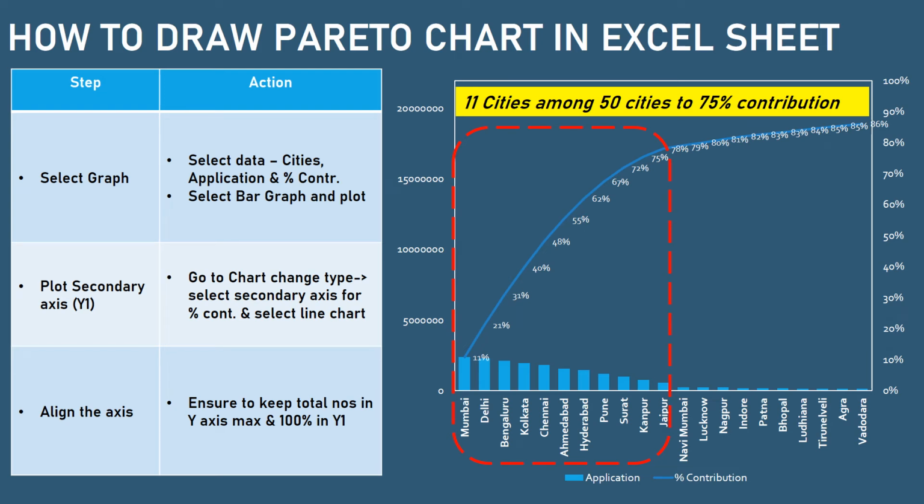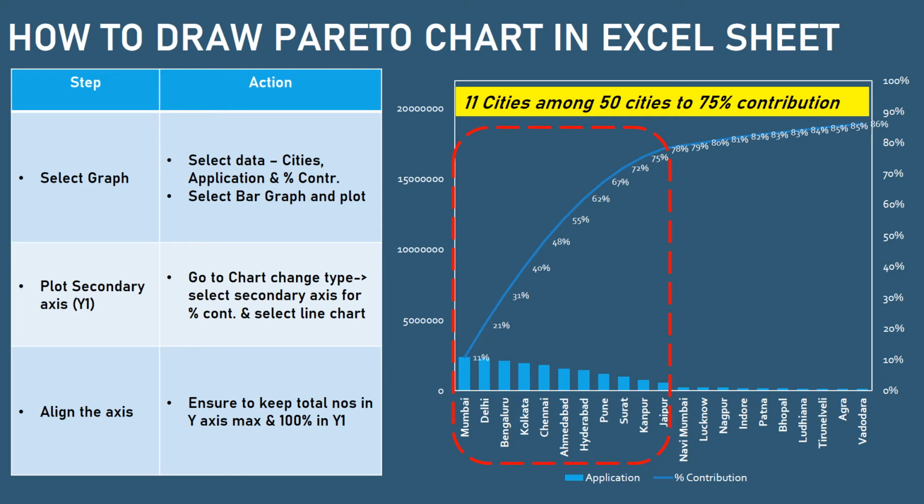So after drawing this graph, what are we able to understand out of it? First, there are 50 cities which are having so many applications pending. After plotting this, we are able to understand only 11 cities are contributing to 75% of pending applications.